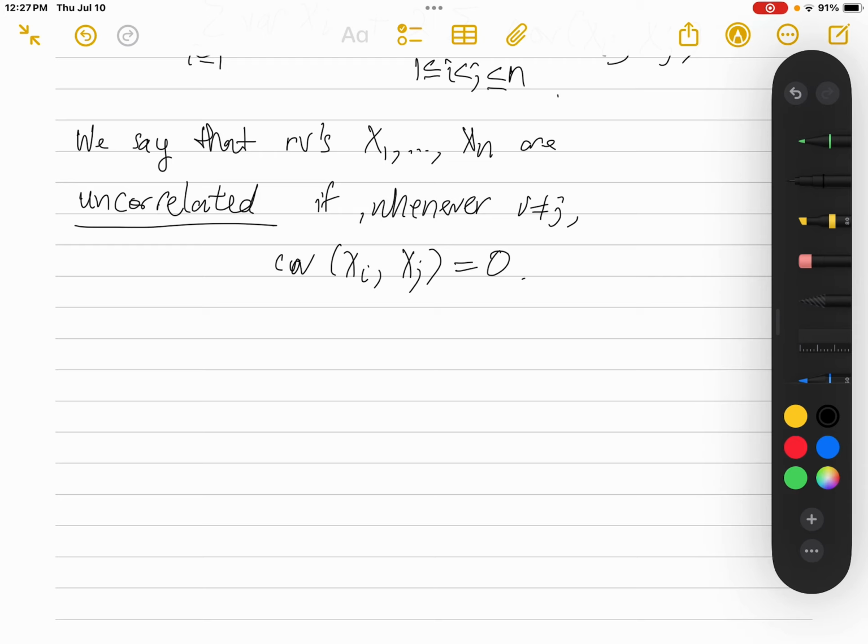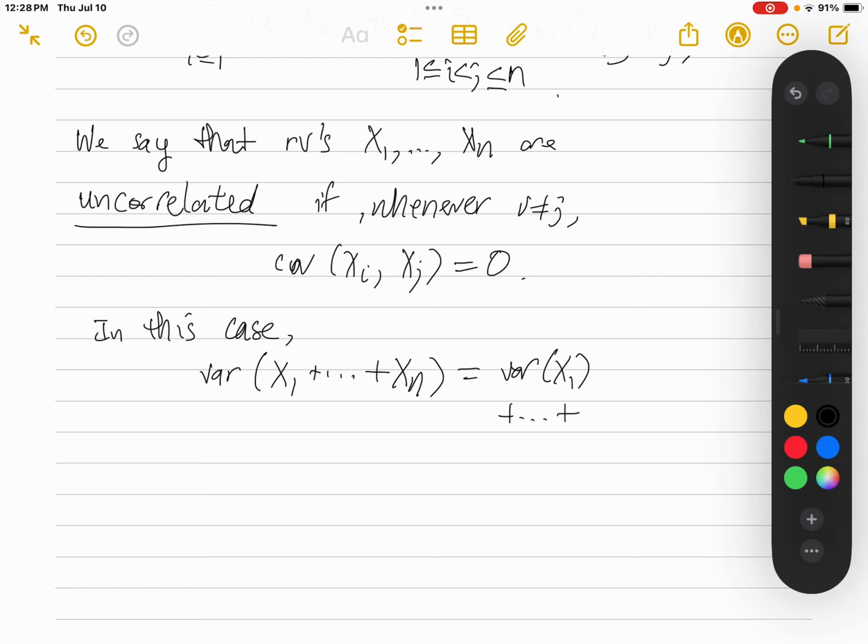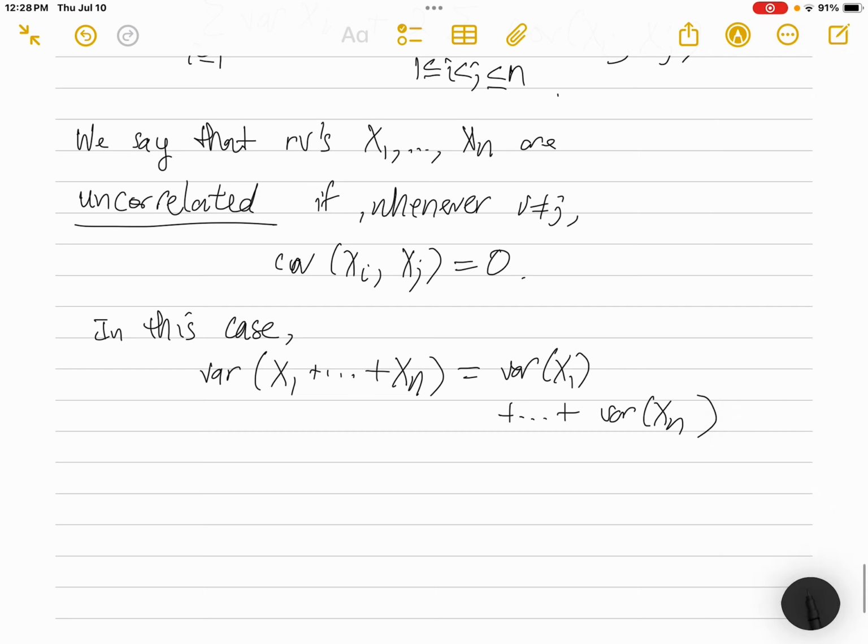So in this case, we've seen that the variance of the sum is equal to the sum of the individual variances. That's if you have uncorrelated random variables.